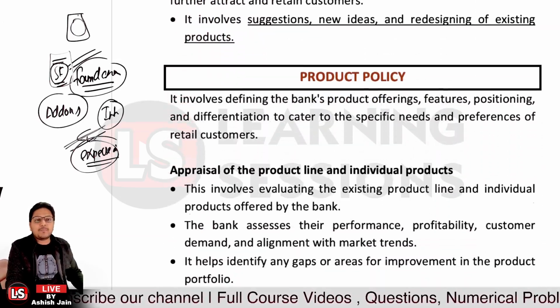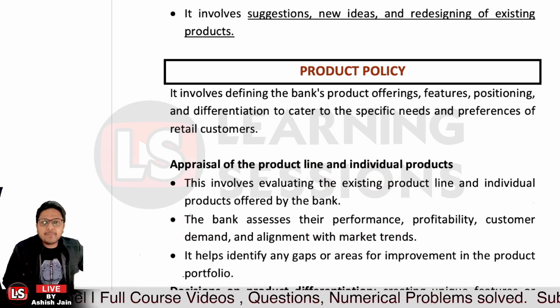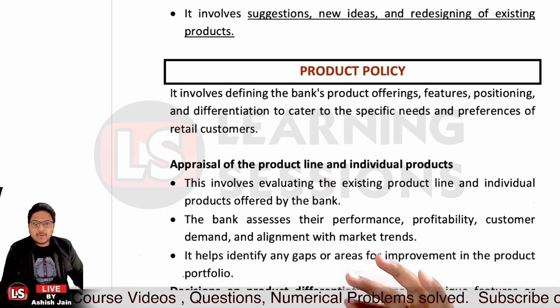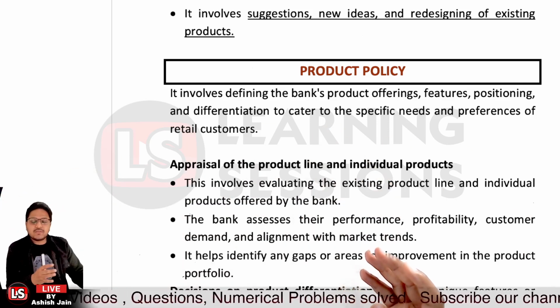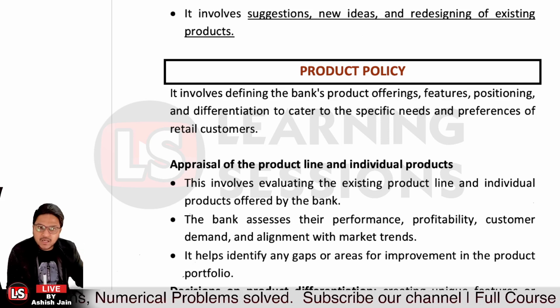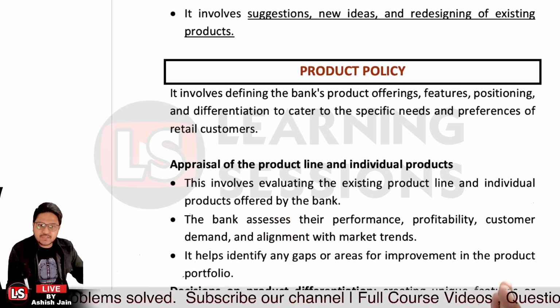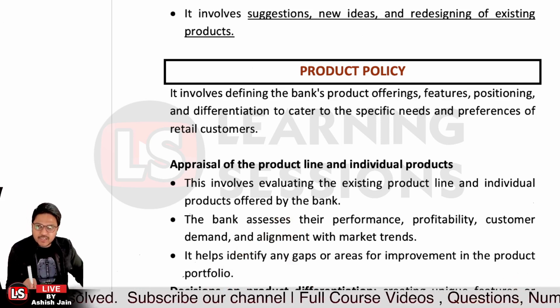And further, it's related to product policy. What do we mean by product policy? Product policy includes whatever different things are being offered by the company or the bank, how they're offering them, what the different features are, what their positioning is, and how they're differentiated from each other.